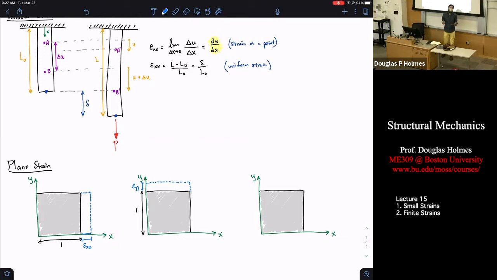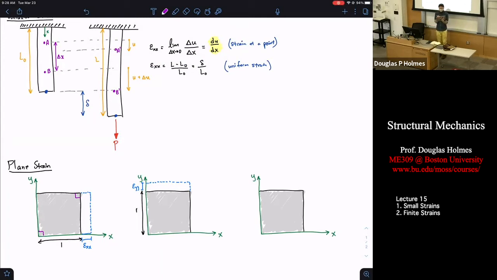A better way to define the idea of a dilational strain is to say, if you look at all the angles within this structure, so if you come over here and say, hey, look, this is a right angle, after we've strained this object, all the angles remain the same.